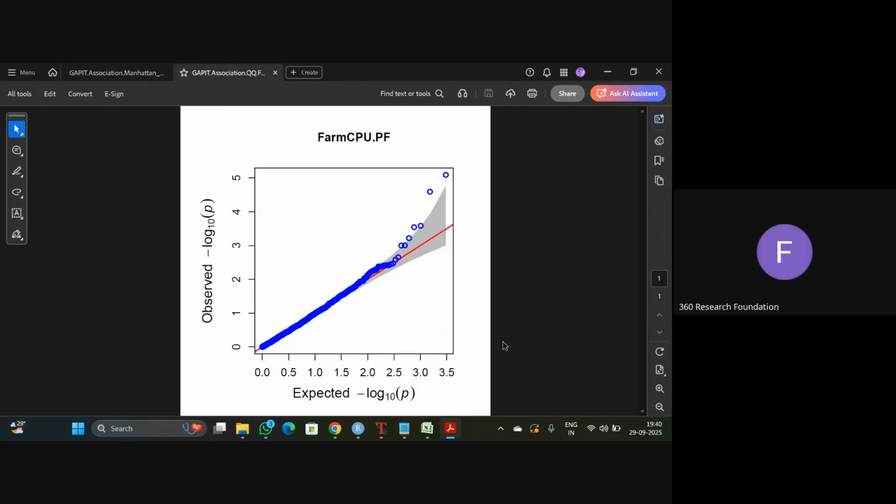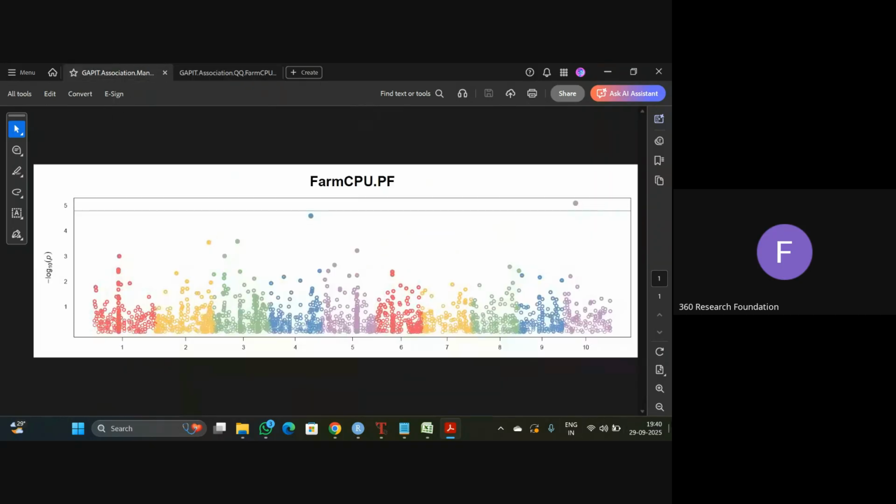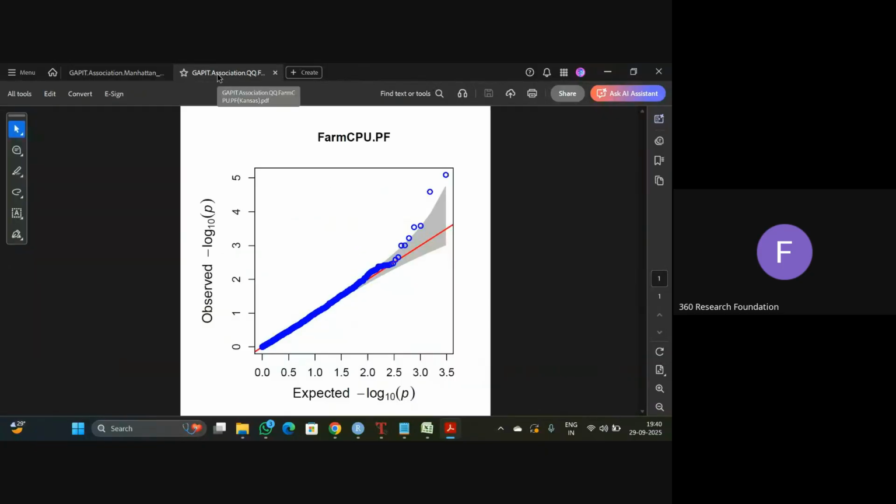Just see this graph. For that only I opened this QQ plot. Generally, this is the threshold line given by the analysis. But we want a threshold value based on our data, and for that this quantile plot will help us.